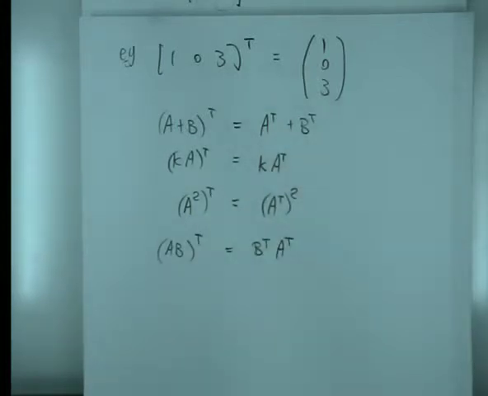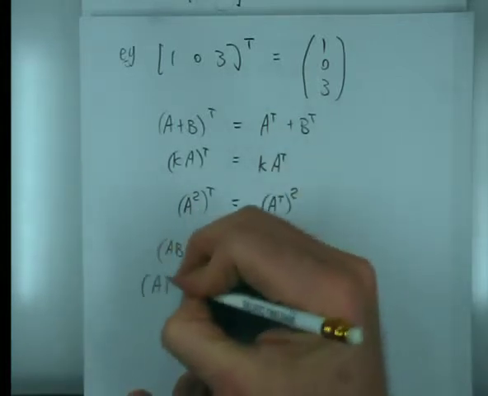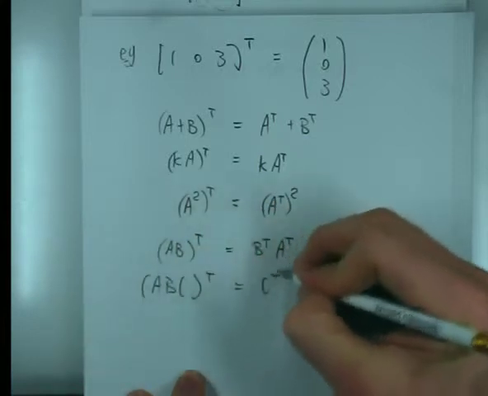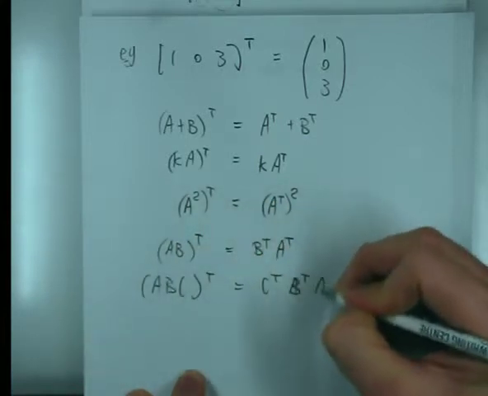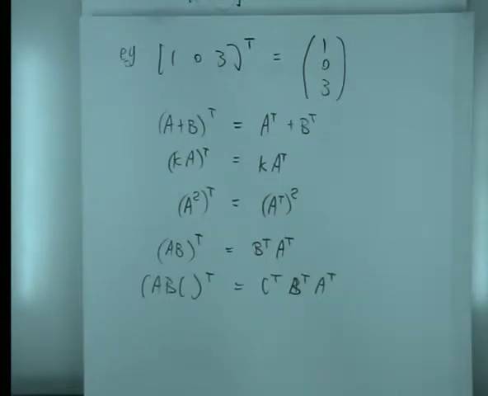And that works with as many as you like, so A, B, C transposed is C transpose, B transpose, A transpose. So you just literally reverse the order. Really important to remember, because it might not even be possible to multiply them the other way around, so you've got to keep the order. And it's to do with matrix multiplication being really dependent on which one you're considering is the rows and which one you're considering is the columns.